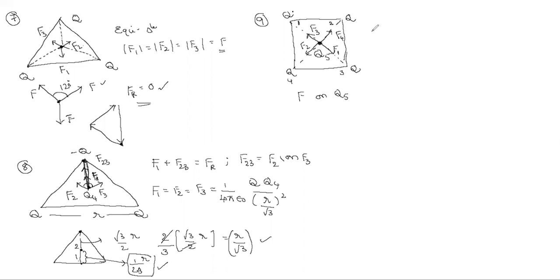Then look, all are equal, Nana: F1, F2, F3, F4. Yes, sir. Why? Because distances are equal and magnitudes of charges are also equal. Okay, so forces are equal means these two, F1 and F3, are in opposite direction. Yes, sir. They get cancelled.